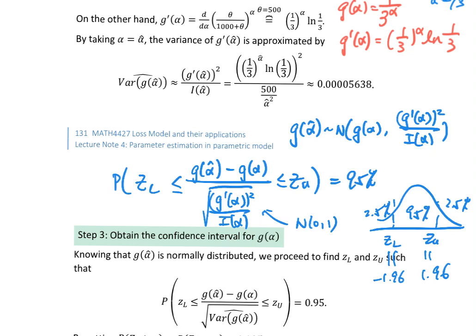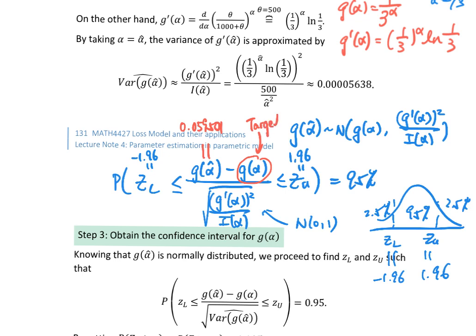Here you also know this G alpha hat is equal to 0.059501. Our target is to find the confidence interval for the G alpha, which is here.